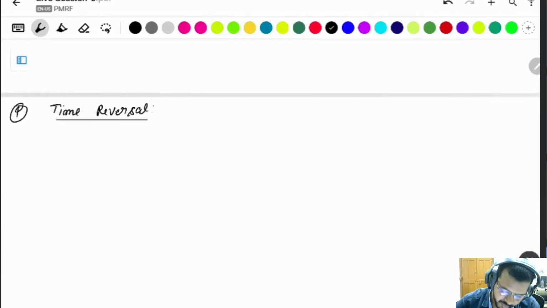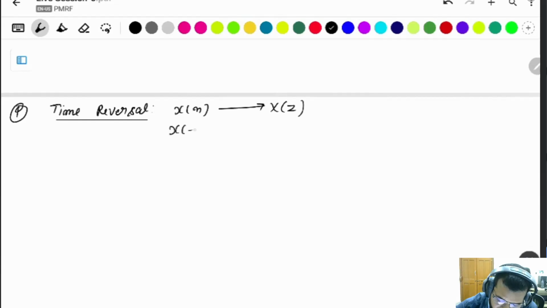Time reversal property. x[n] has z transform X(z). Then what happens if this will be x[-n]? Time reversal. In this case simply you have to put the inverse of z. At the place of z you have to put the inverse only.